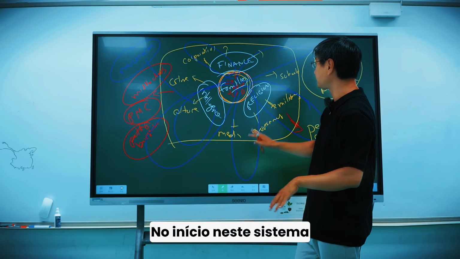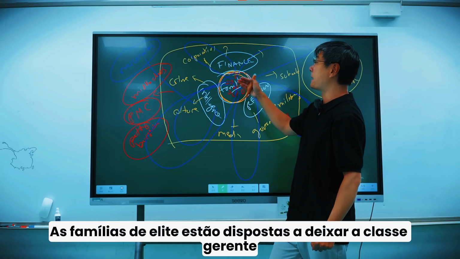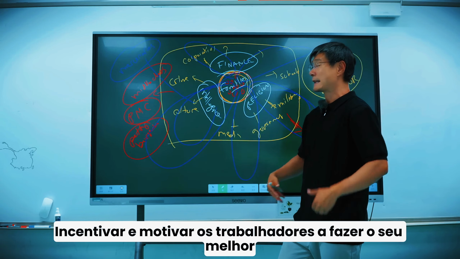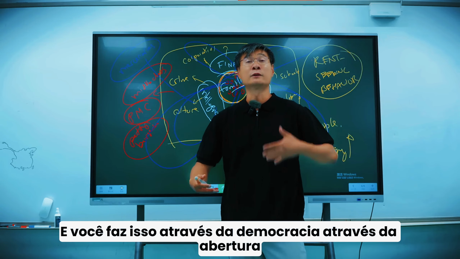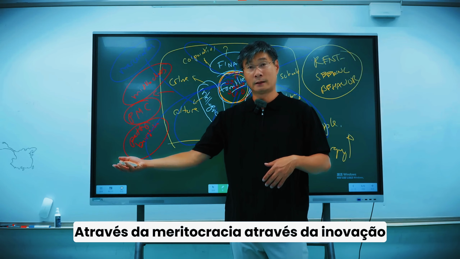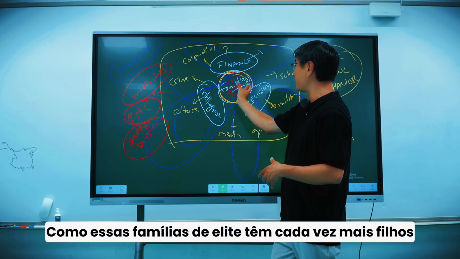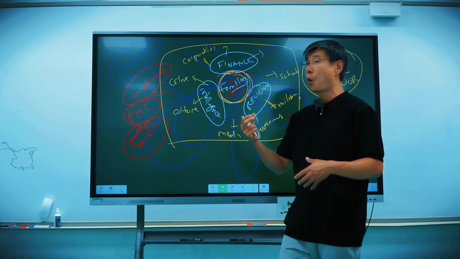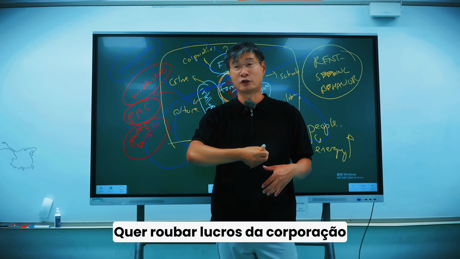At first, in this system, the elite families are willing to let the managerial class incentivize and motivate the workers to do their best. And you do that through democracy, through openness, through meritocracy, through innovation. But over time, as these elite families have more and more children, and these children are engaged in rent-seeking behavior, they basically want to steal profits from the corporation.